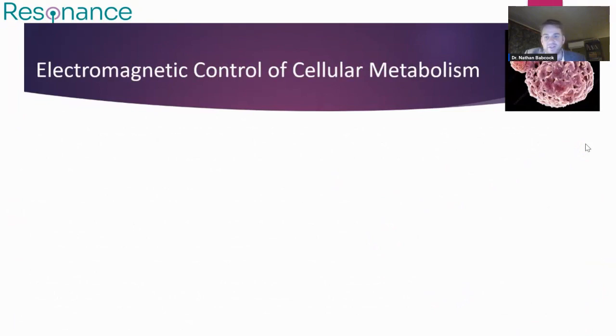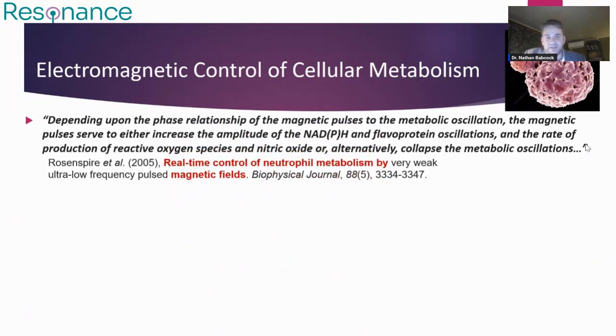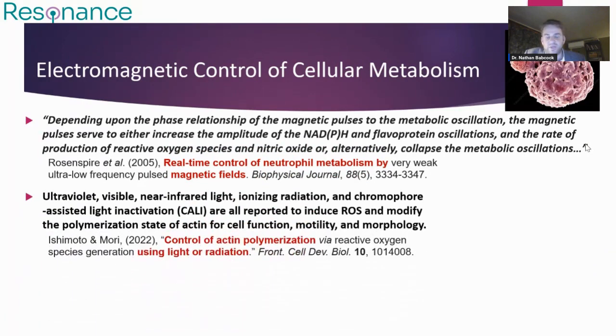Electromagnetic control of cellular metabolism has been shown in a number of cases. In fact, the real-time control of neutrophils, that is white blood cells, by very weak, low-frequency pulsed magnetic fields has revealed that we can actually control various immunological effects. As well, ultraviolet, visible, near-infrared light, ionizing radiation, and chromophore-assisted light inactivation.